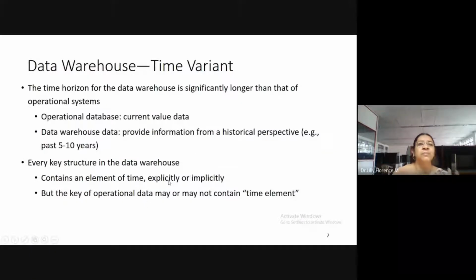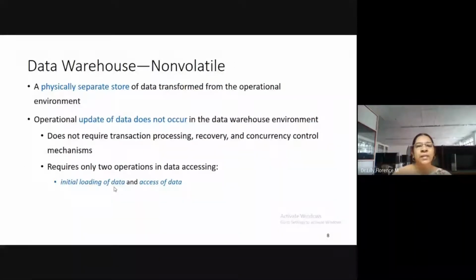In some places we may use real time data in a data warehouse for decision making and analysis, but in most places we will use historic data to make analysis and decisions. That is why it is time variant. And the next one is non-volatile. Mostly a data warehouse does not permit updating the data.